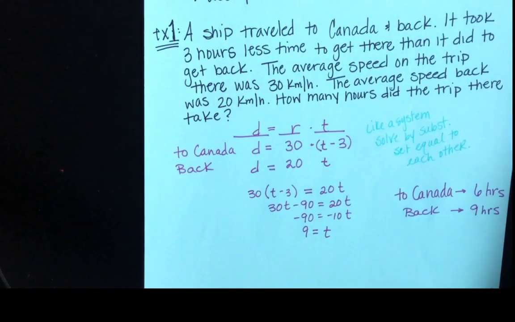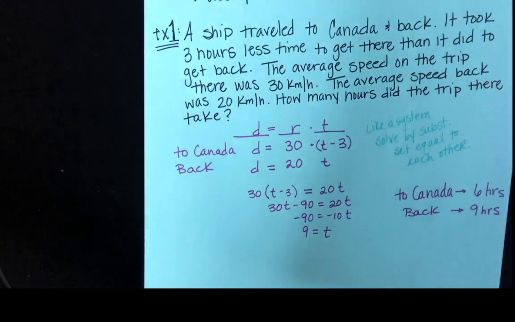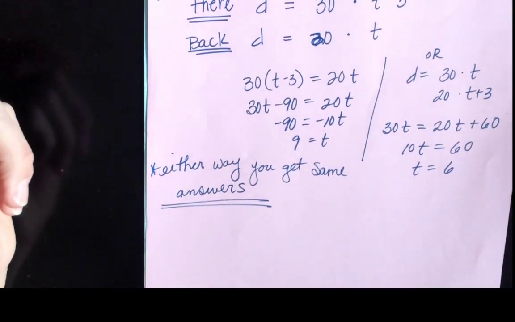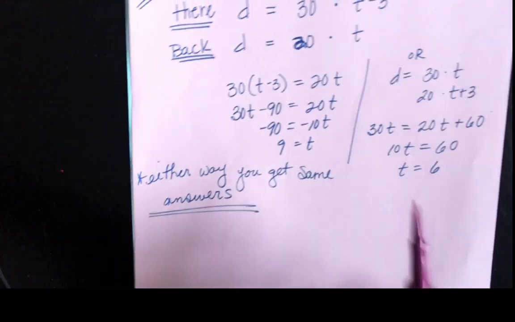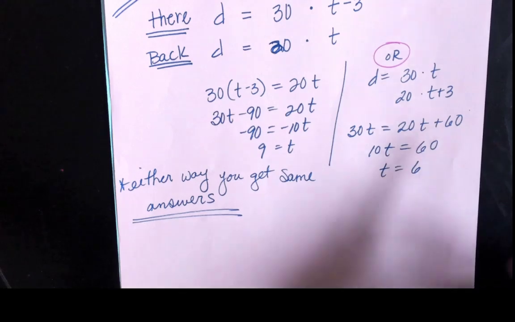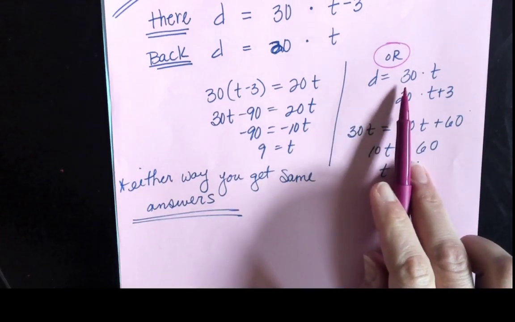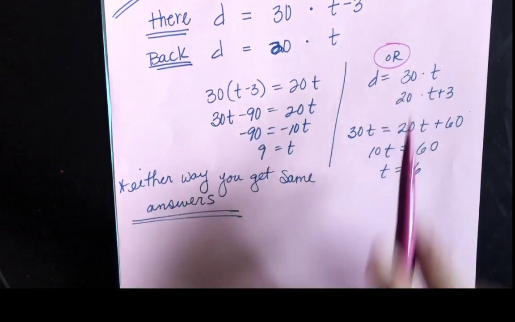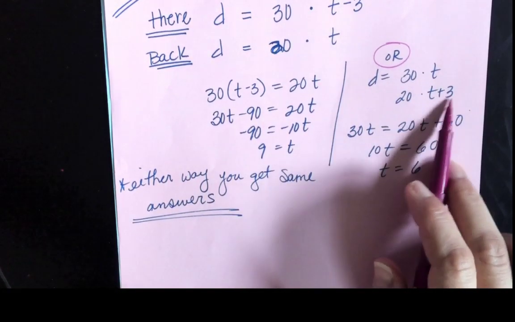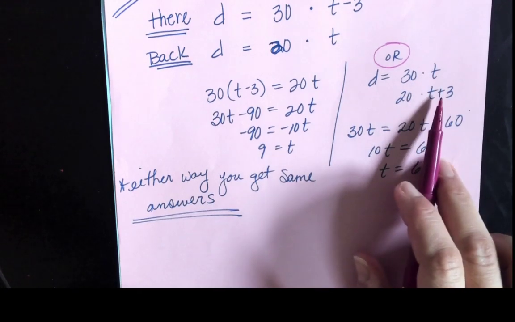Now, of course, to make sure that I took care of this, I checked to see what would happen if I switched it, just to kind of show you. I did the scratch work before. This is how we just did it, but what happens if I decided that my time, when it went faster, meant that it took 3 more hours to get back? So instead of subtracting 3, I added 3 here.